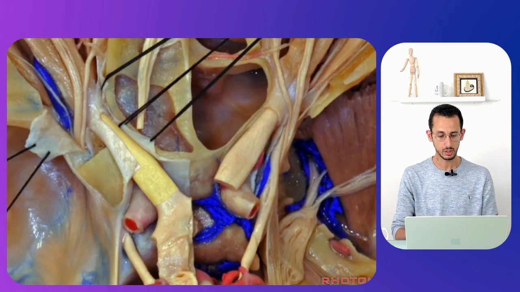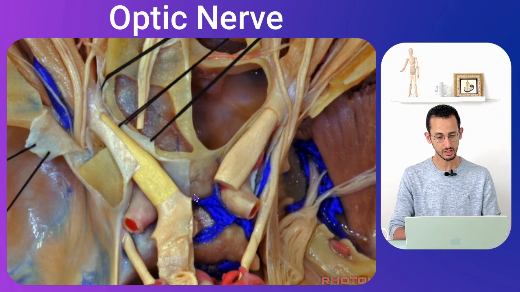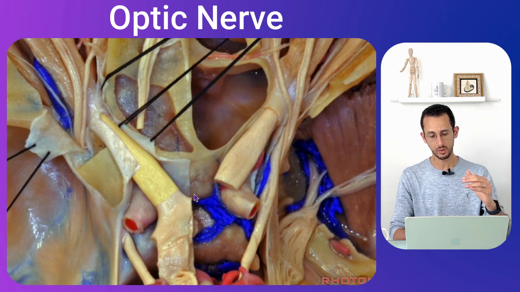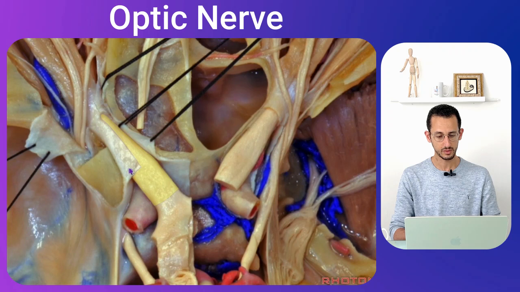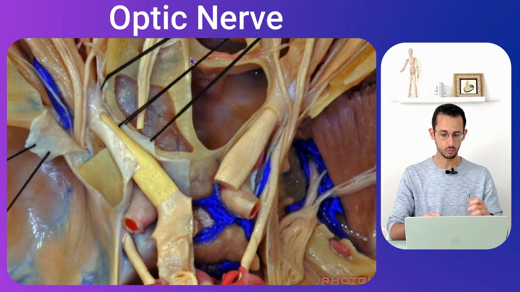If we go through another dissection, you can see here the optic nerve. Here again, we are still within the anterior skull base with the start of the middle skull base. You can see the optic nerve here as it enters into the optic canal, with the optic nerve sheath incised and pulled away with those sutures.